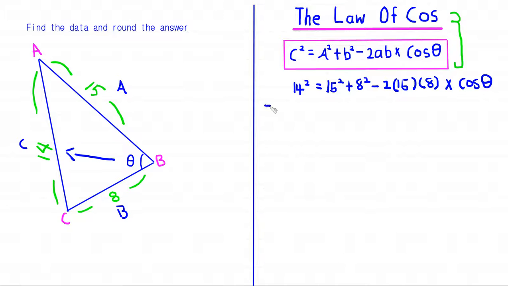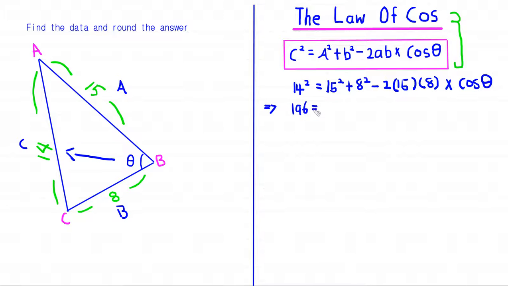If we simplify more, what is 14 squared? 14 squared is equal to 14 times 14, which gives us 196.